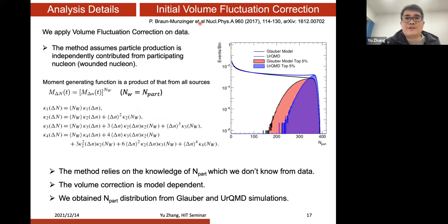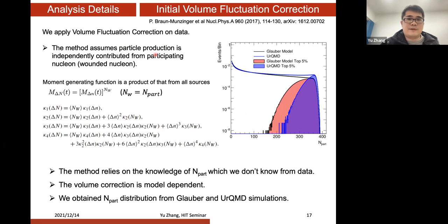We use this volume fluctuation correction on data. We tested this method on data. The method has a few assumptions. The most important assumption is that the particle production is an independent combination from different sources.